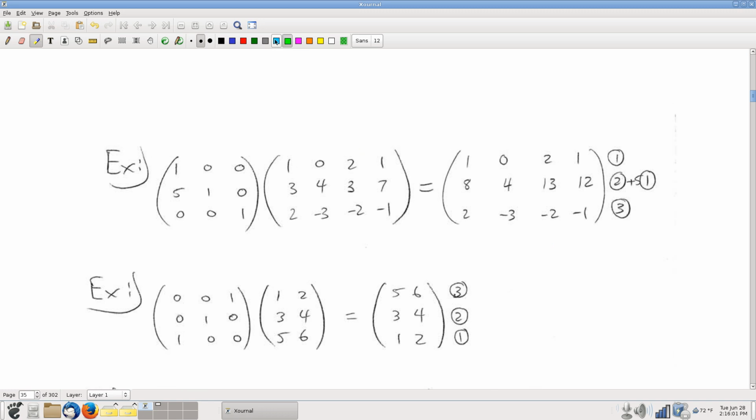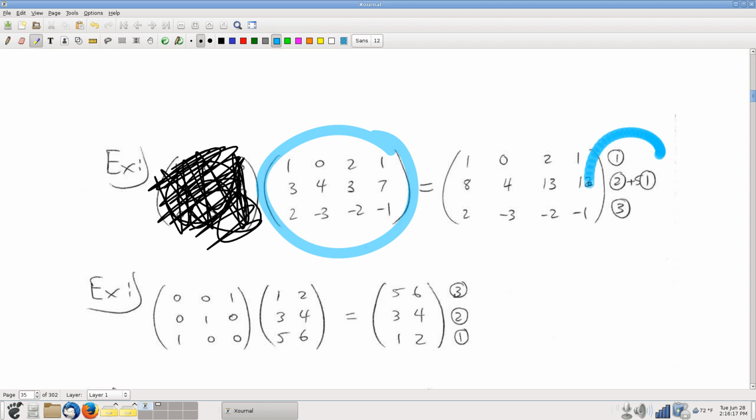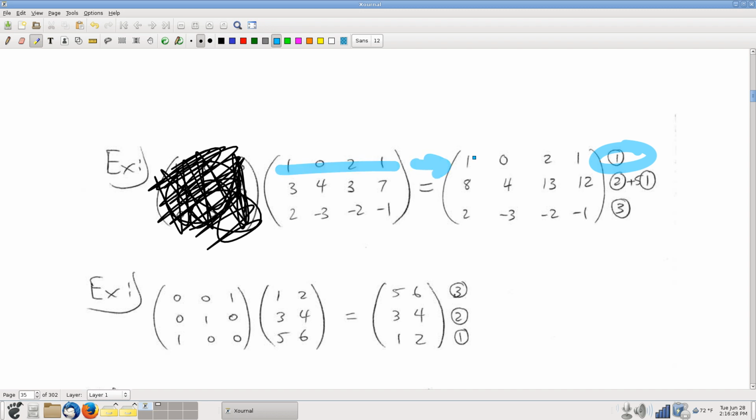Here's a matrix A. And let me first execute a row operation. Now, for the purposes of doing the row operation, let's scratch this off and forget about that right there. Okay, let's just take that matrix and let's do this row operation to it. And now you'll notice that there's some given rules. This first row, the formula for it is take the first row. So this goes straight over to that.